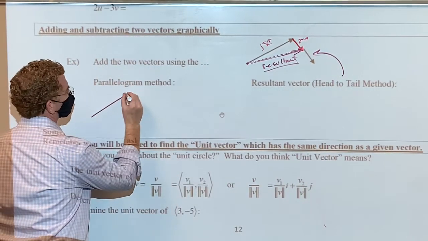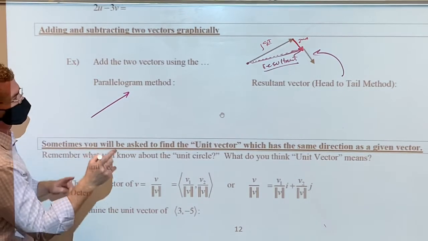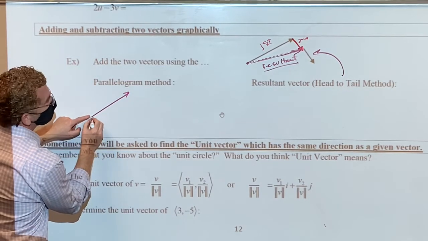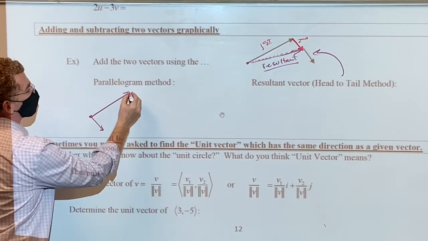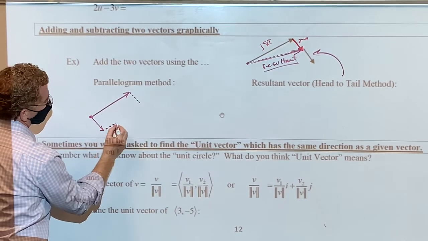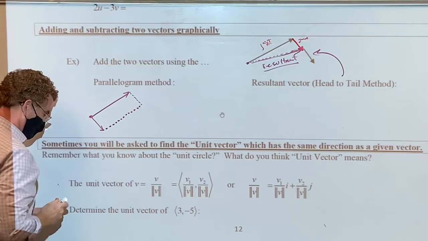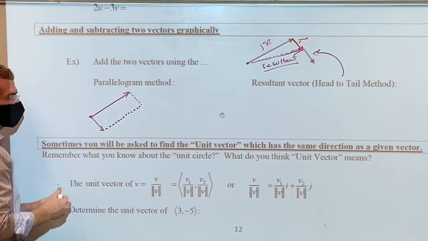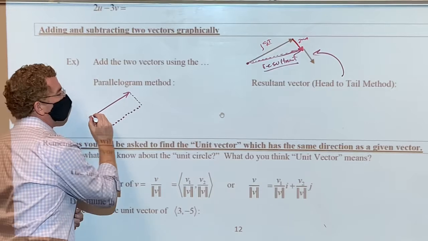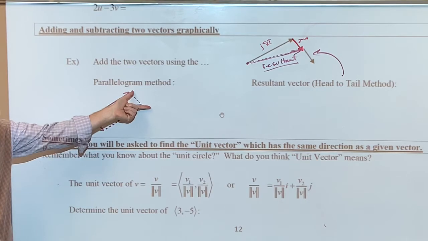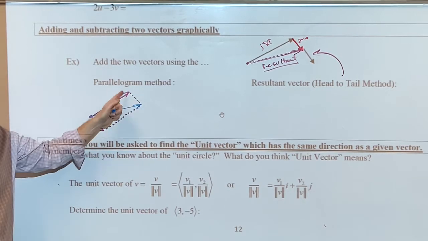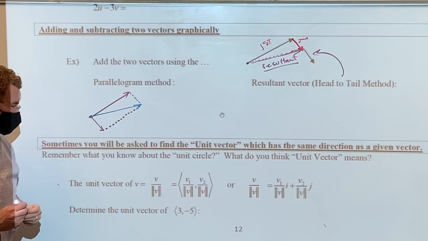Take the first vector and then take the second and connect it to the first at the same spot. Draw a parallelogram, which, I think this is stupid, and then draw a diagonal from these two across to that. But to me, that's the same thing as just putting this one at the tail of the first one and going head to tail, head to tail.